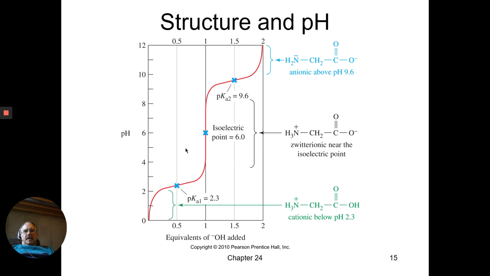Okay, so here is a titration curve for glycine. And under strongly acidic conditions, okay, both the carboxylic acid group and the amino group are protonated. Then we go through a buffer region, and at the midpoint of this buffer region, pH equals pKa, so that's 2.3.